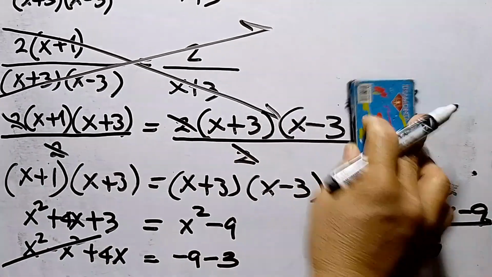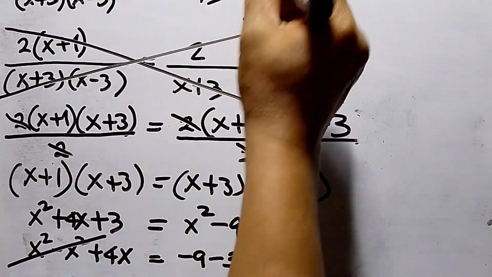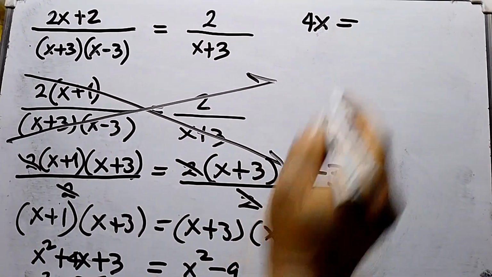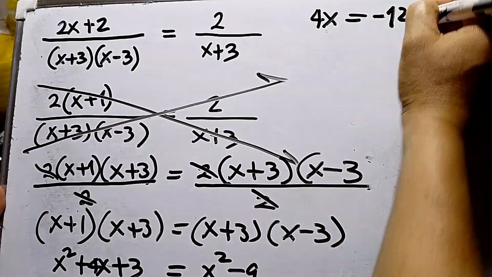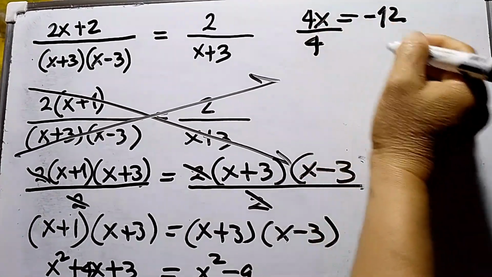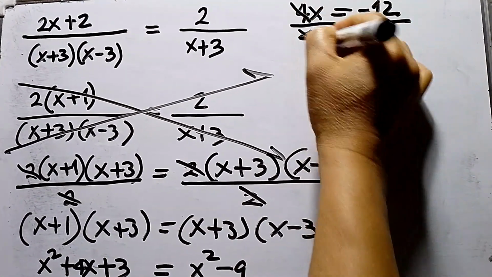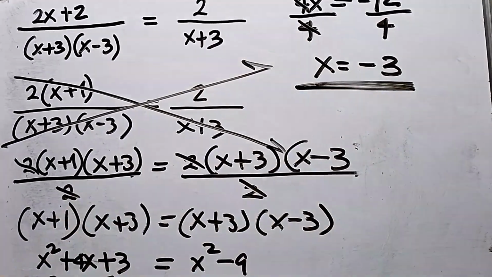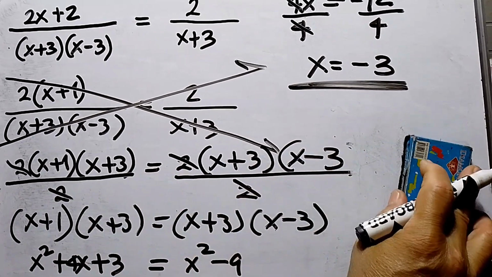So I have 4x is equal to minus 12. Okay, divide by 4 in order to solve the value of x. Cross out 4. So x is equal to negative 3. So the root for number 2 is negative 3.